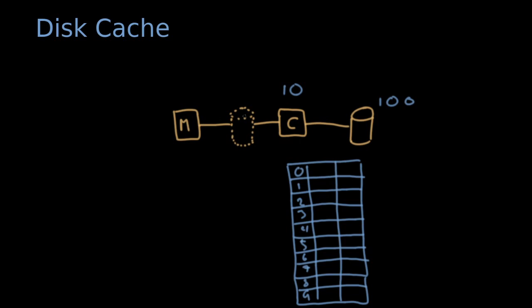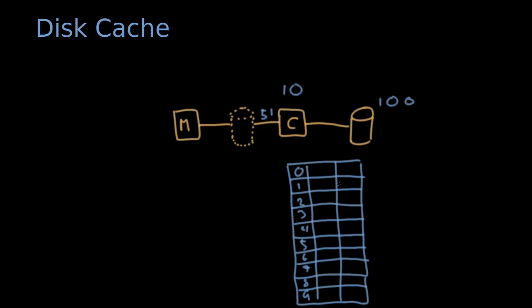Then when a read command is issued, let's say we get a read command for entry number 51. The cache then does a modulus on the size of the cache, which is 10, and 51 modulus 10 is 1.